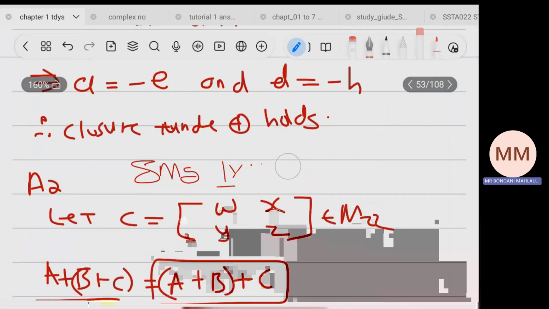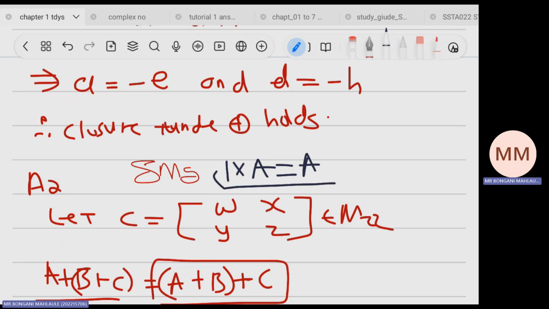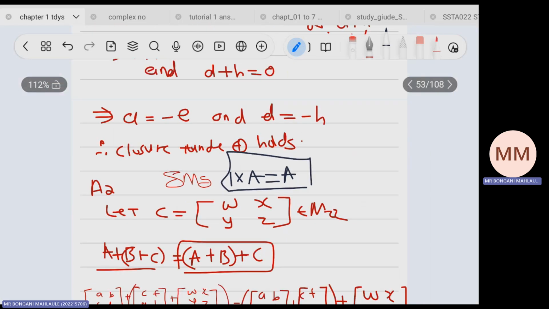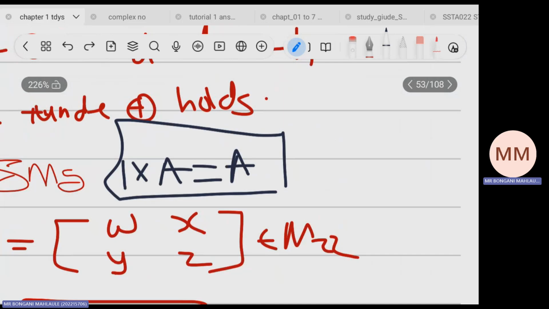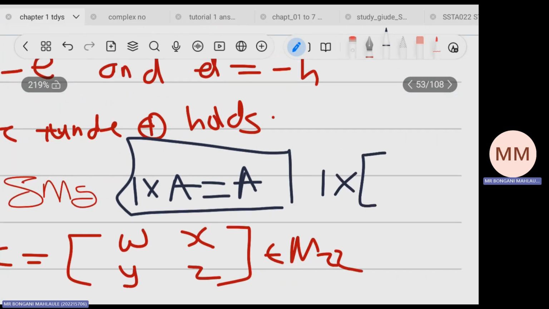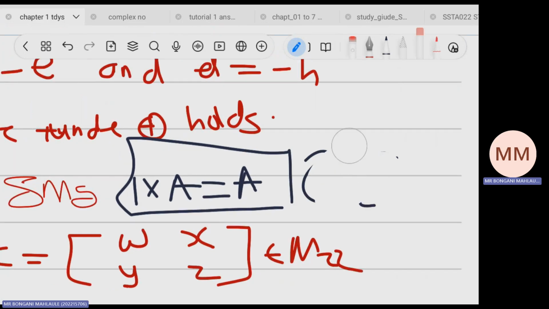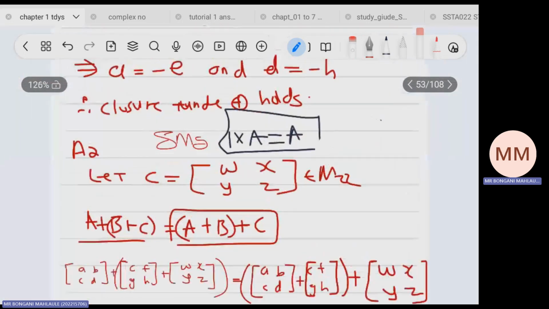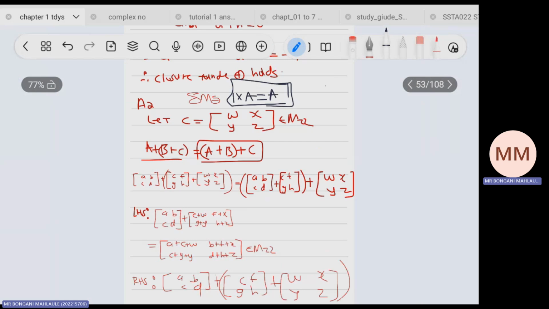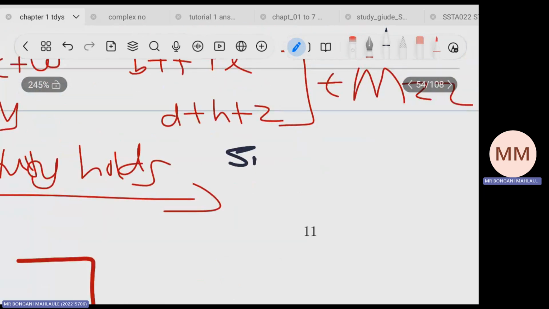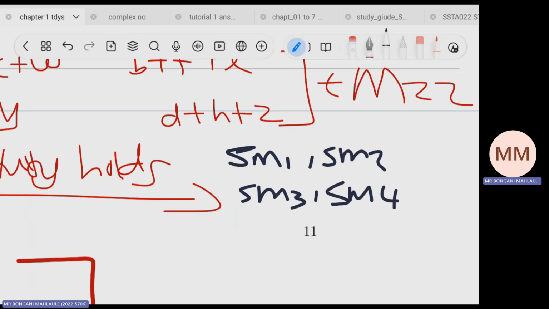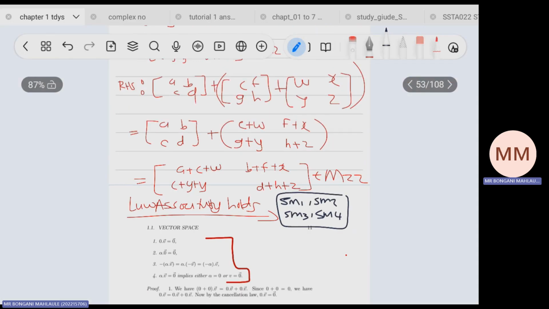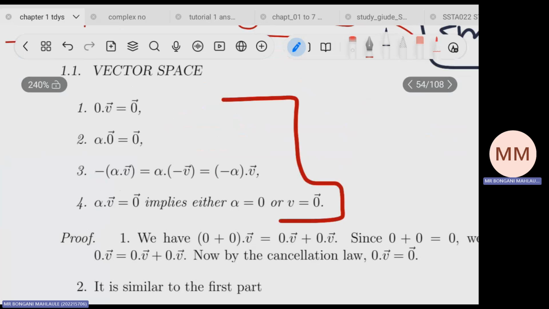In our case, we're using A, you'll still get A. This is a scalar 1, times any vector, you'll still get A. So you'll also check the other axioms, your SM1, SM2, SM3, SM4. But at the end, you should get that this is a vector space.